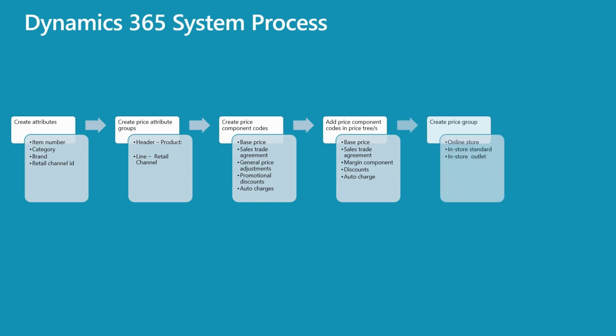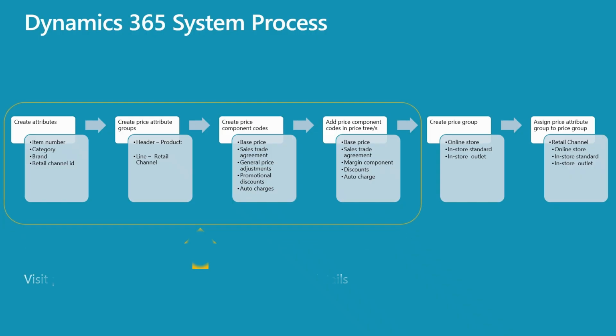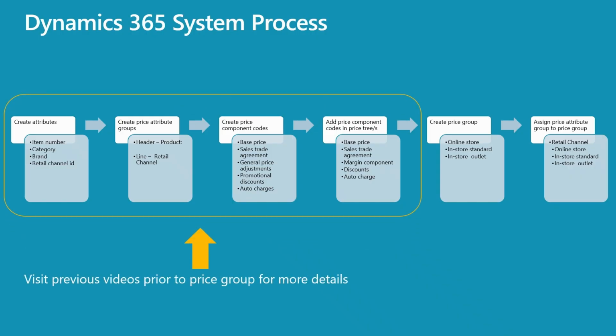And now it's time to create the price groups. After this step, we link price attribute groups to the price group. In this video, as mentioned earlier, we will concentrate on price groups assigned prices and discounts. Visit previous videos prior to price group for more details in this group of video series.